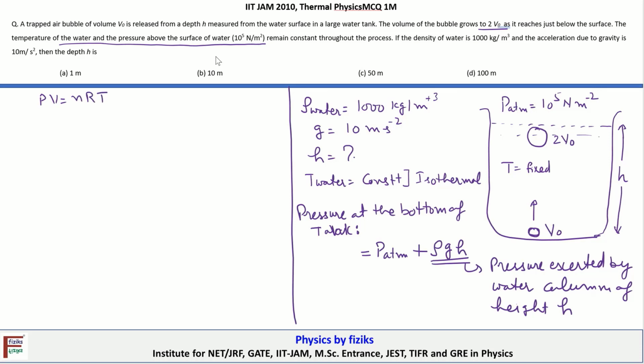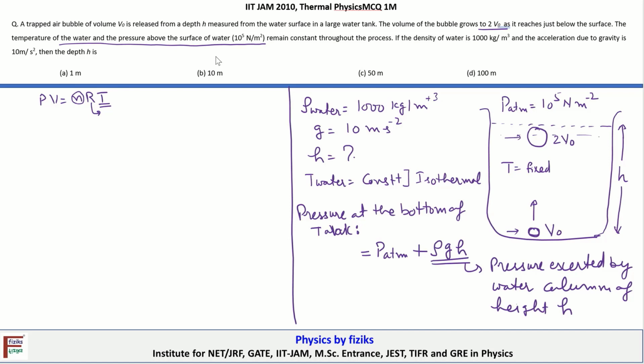And because T is not changing, n is also going to be a constant quantity, and R is already a constant. So this equation will be valid for that air bubble at this point, and at this point also this equation will be valid.